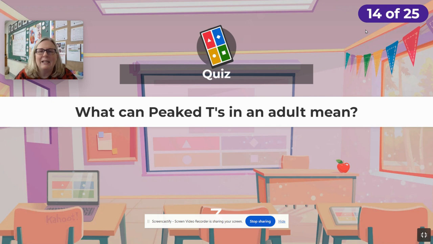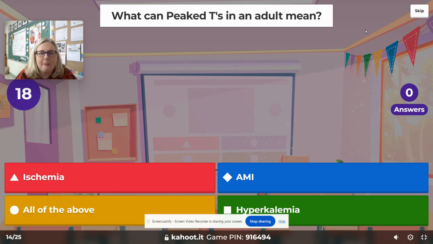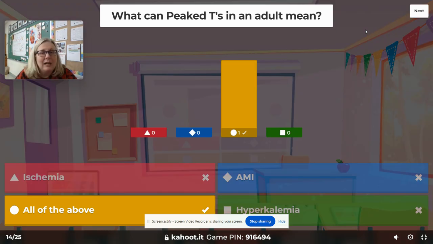What can peaked T's in an adult mean? We learned that peaked T's can mean a lot of things, didn't we? In this situation, the answer is all of the above. It can mean ischemia, it can mean hyperkalemia, it can also mean an AMI.